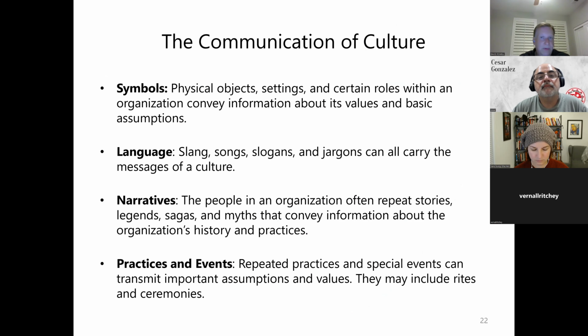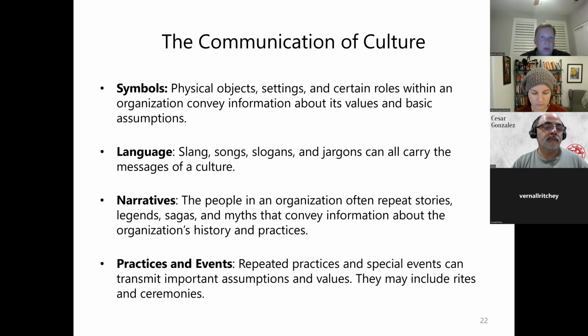Well, so what? What does that then mean for our discussion of leadership? What it means is that when leaders come into an organization, they have the ability to embed culture into that organization. And by embedding culture in that organization, you truly are being a transformational type of leader. The types of symbols that are used can communicate culture to the members of the organization.